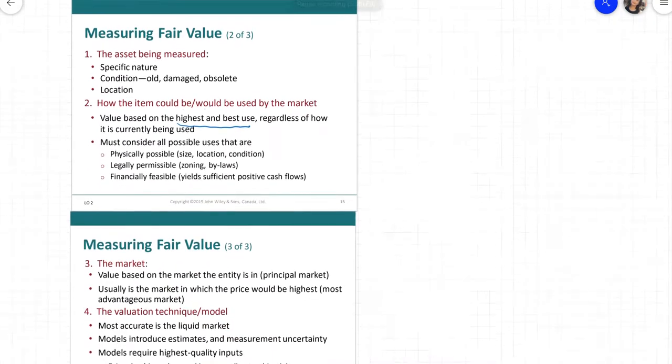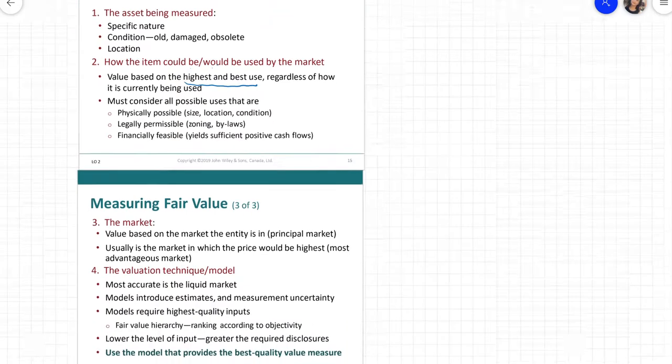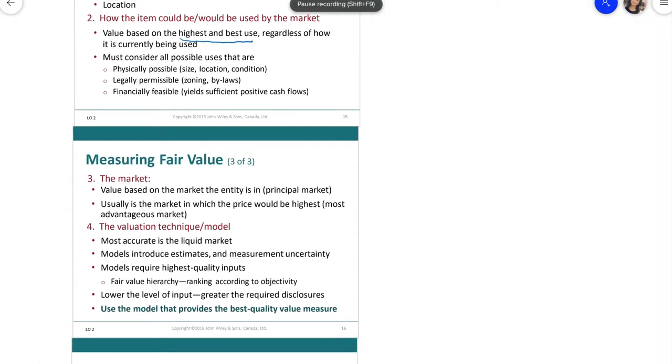Now when we're measuring the fair value, we can also look at the market. The value of the asset can be based on the market the entity is in, the principal market. And then the other way of measuring the asset will be the valuation technique model.